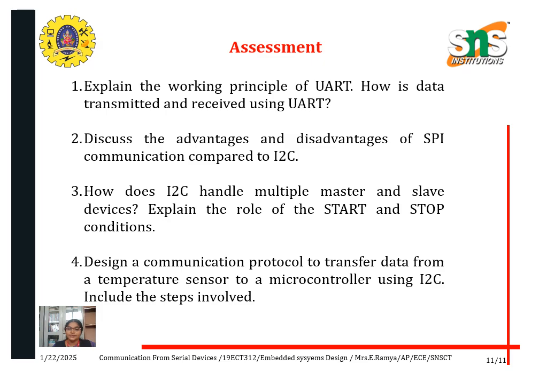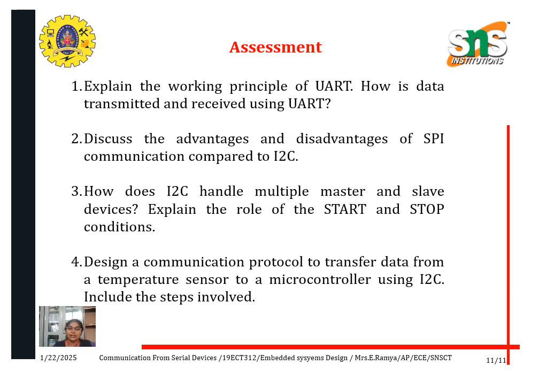The first question is the working principle of UART, the Universal Asynchronous Receiver Transmitter. It transmits data and has a total of 9 pins, pin number 1 to pin number 9. Next, the advantages and disadvantages of SPI communication compared with I2C.